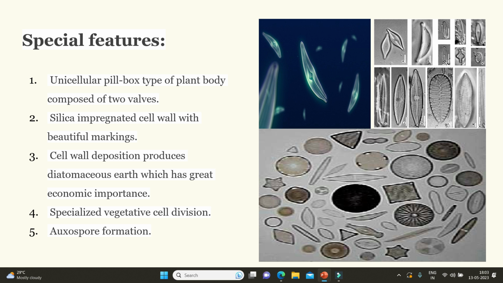Special features: unicellular, pillbox type of plant body composed of two valves, silica impregnated cell wall with beautiful markings, cell wall deposition producing diatomaceous earth, which has great economic importance, specialized vegetative cell division, and auxospore formation.